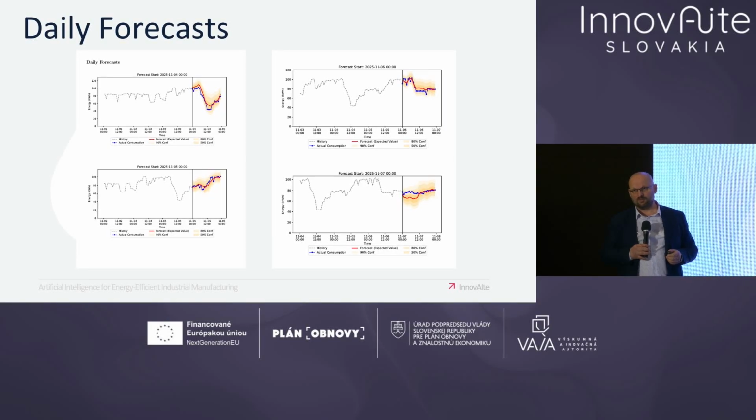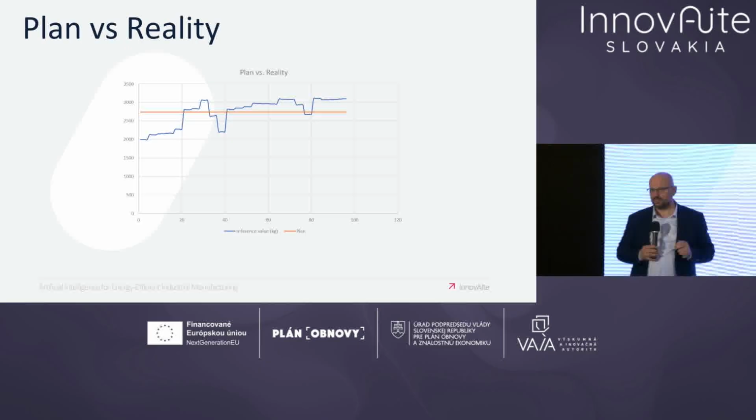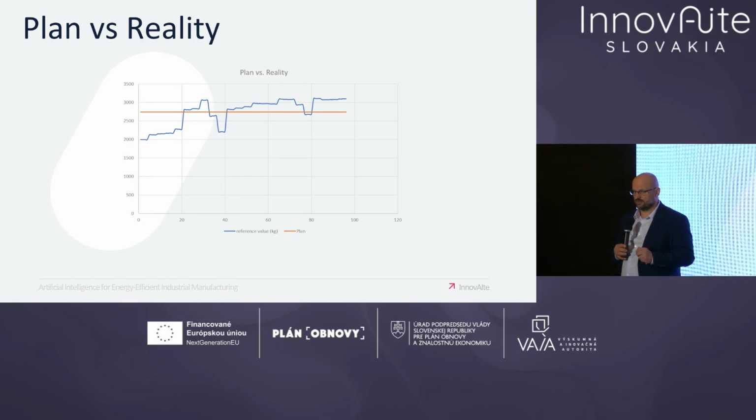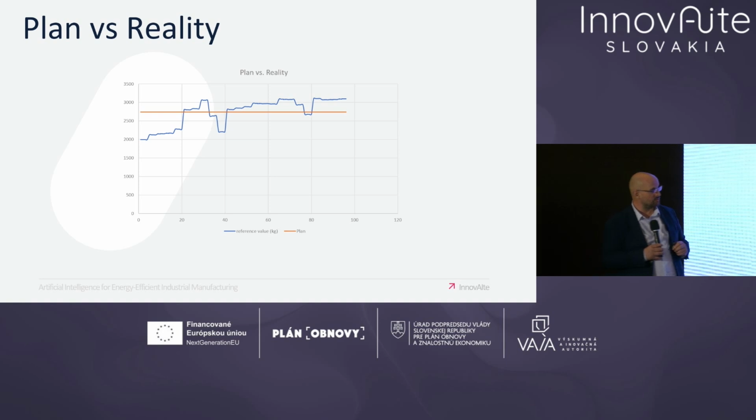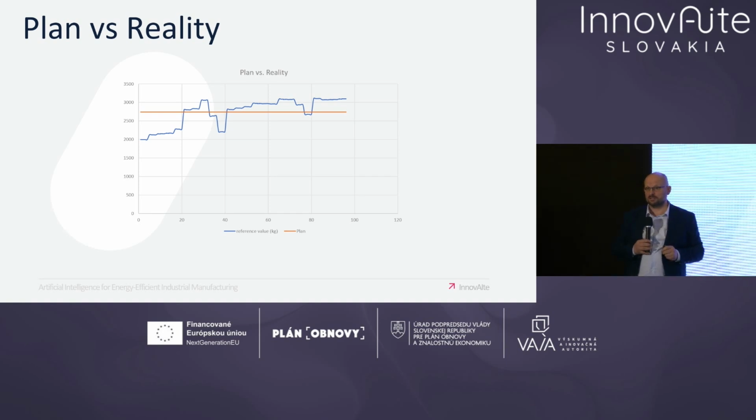When we started thinking further, okay, our model is trained and tested, what about inference then? We discovered one interesting thing. We talked to the people from the company and they said, well, our plan looks like this. It's a constant.